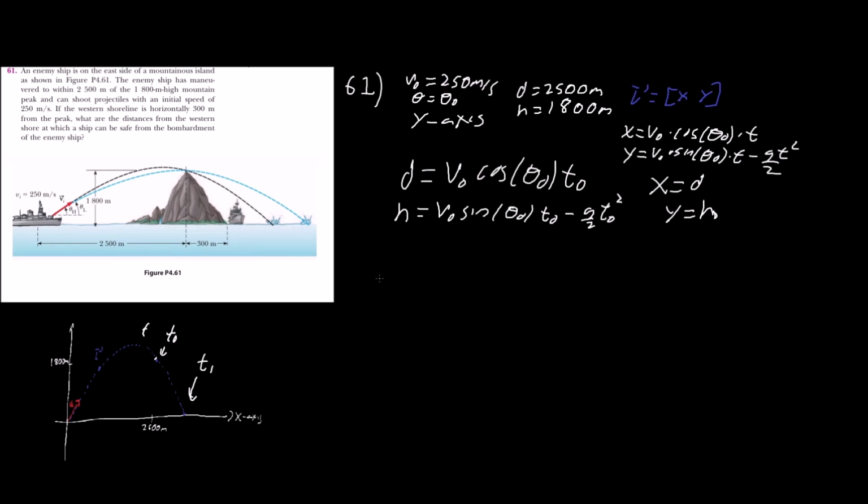I kind of changed this around when I did that. But the end result here would be g d squared over 2 v naught squared times tangent squared of theta naught, plus d times tangent of theta naught, minus h.